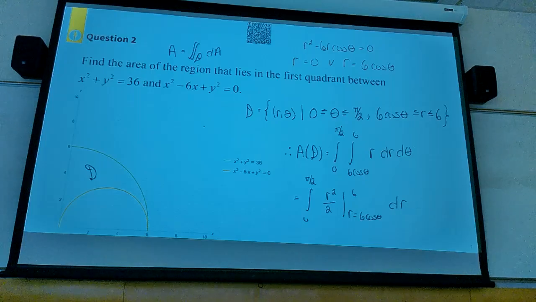The antiderivative of r is r squared over 2.